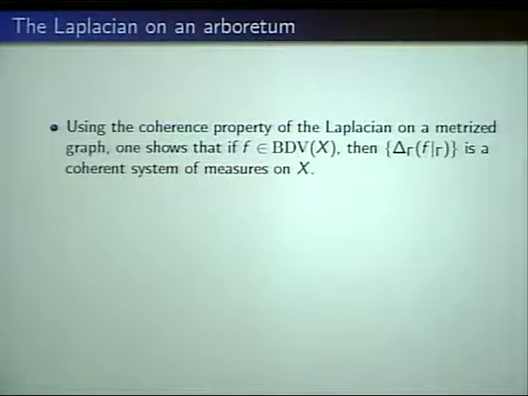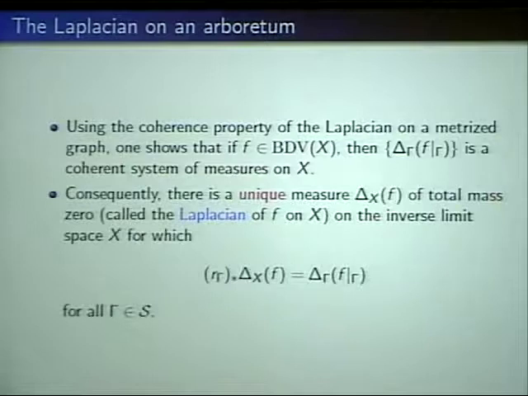So now, using the coherence property, you see that if f is in BdV of x, the space I just defined, then you restrict f to each subgraph gamma, you compute its Laplacian there, and by the coherence property, those form a coherent system.